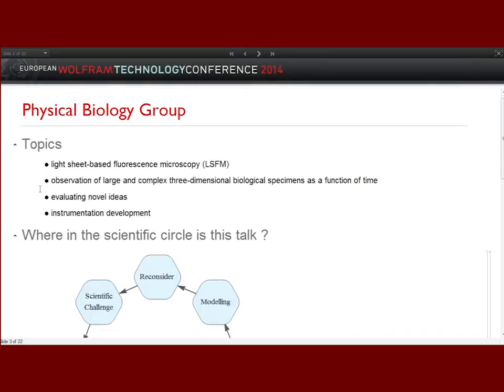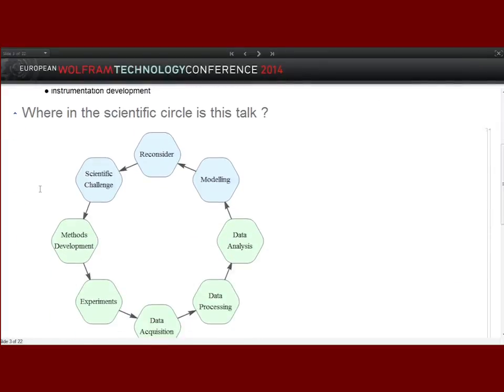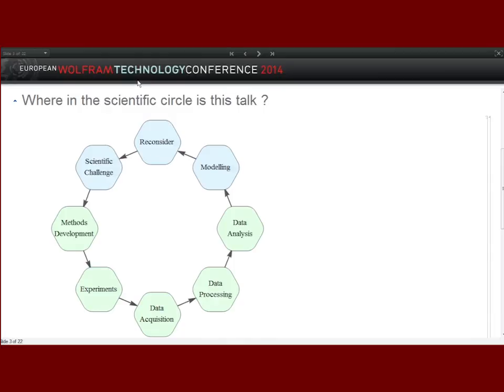So where is this talk in our scientific circle, which was just introduced by Bina in her talk? The colors here are different, but this is our cycle.